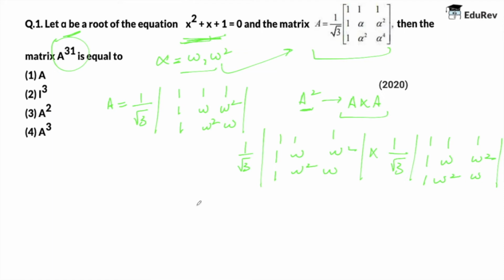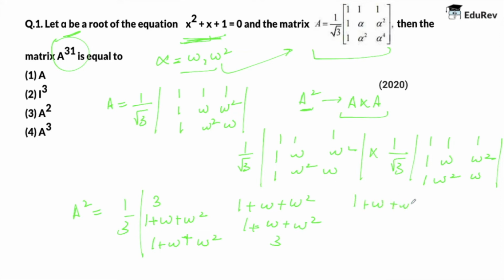When I find this, it will simply come out as A square equals 1 by 3 into the matrix with entries 3, 1 plus omega plus omega square, and so on.